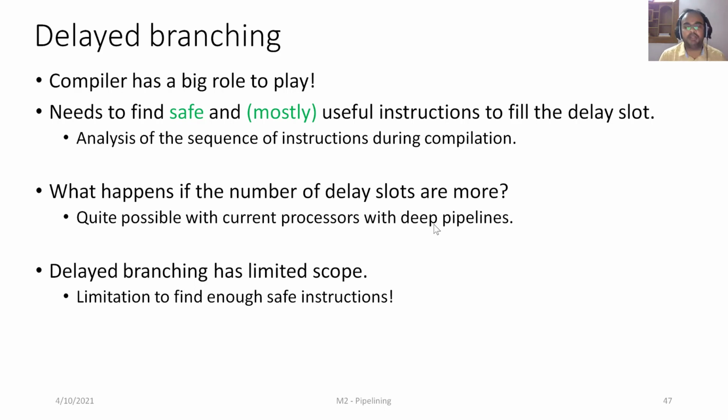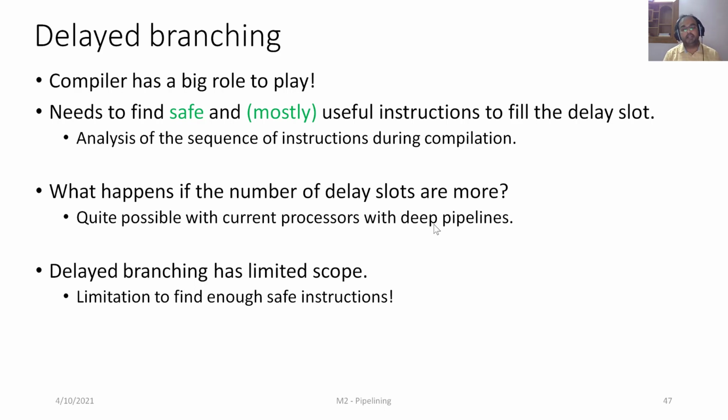Now, if we look at the hardware to support delayed branching, what needs to happen is that instead of flushing the pipeline, we should continue with the next instruction. Let's say we have moved the logic from the execute stage to the decode stage and we have only one possible bubble. Now instead of flushing that, we should continue with that instruction, that is, the instruction in the delay slot.